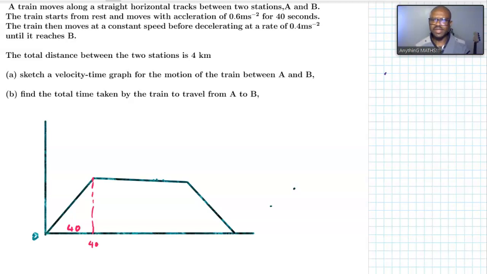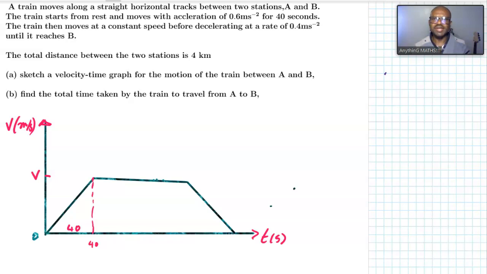We don't know the velocity here, so represent it by V. First of all, you have to label your axes: velocity in meters per second, and these will be times in seconds.